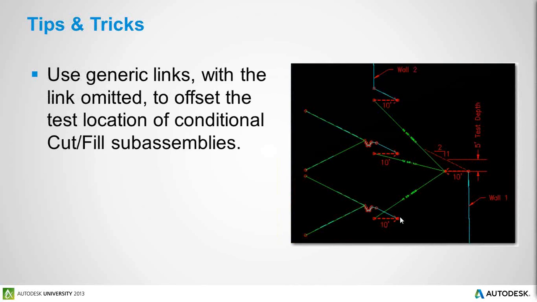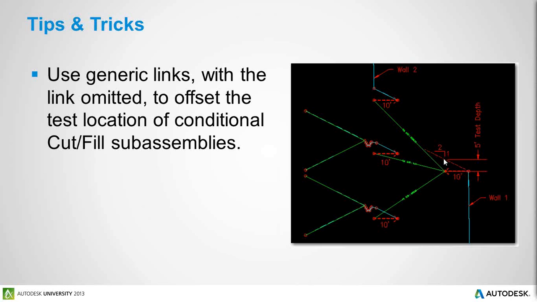All right. Another thing we're going to look at in the example where we use the conditional cut fill subassemblies, one of the things we're going to see with them is that they are only able to test the depth directly above or below the insertion point of that assembly. An example we're going to look at later on is we're going to go from the top of a retaining wall, and we want to do a 10-foot wide slope at a 2-to-1 grade, and we want to know at this point, are we in cut or fill?